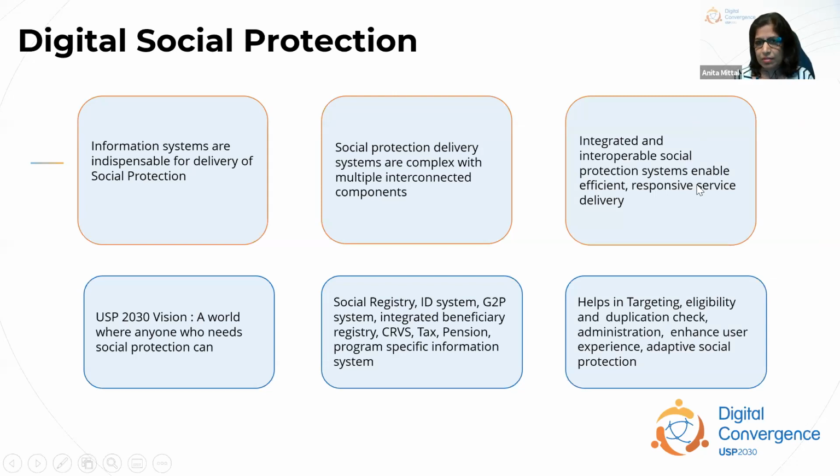And we have seen in case studies that integrated and interoperable social protection systems enable countries to respond well to adaptive situations where a shock strikes, or for efficient delivery of social protection programs, which reduces both inclusion and exclusion errors, and provides efficiency in administration and user experience.